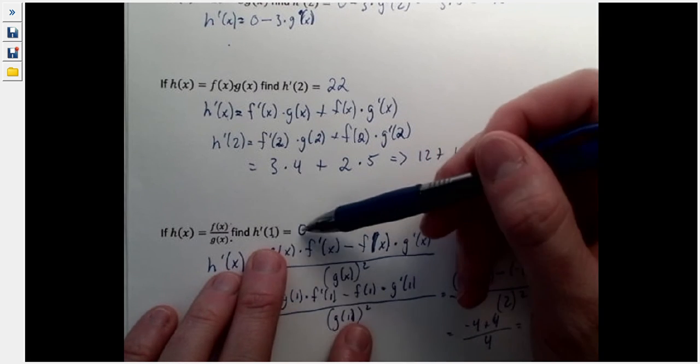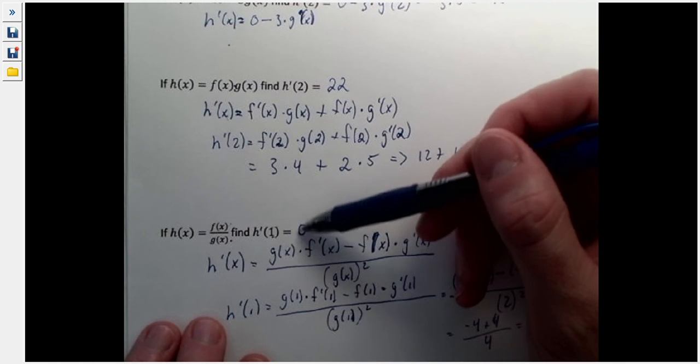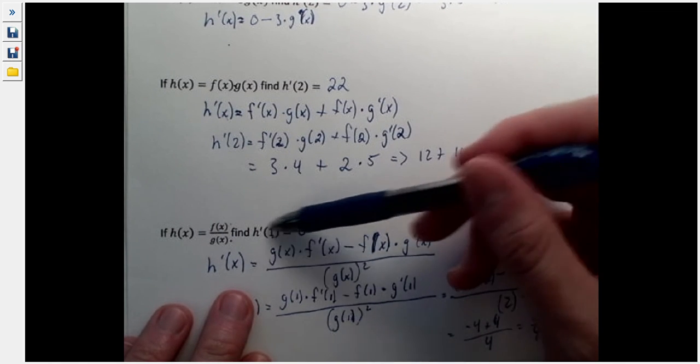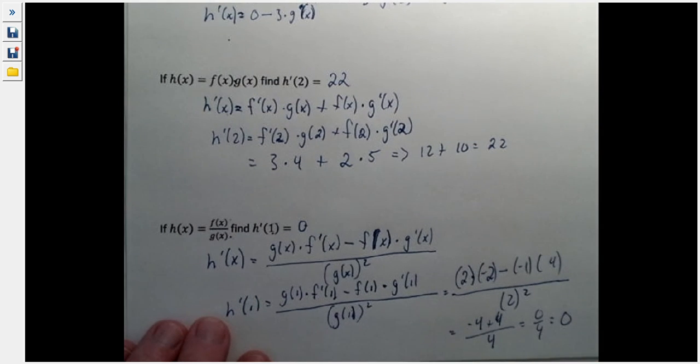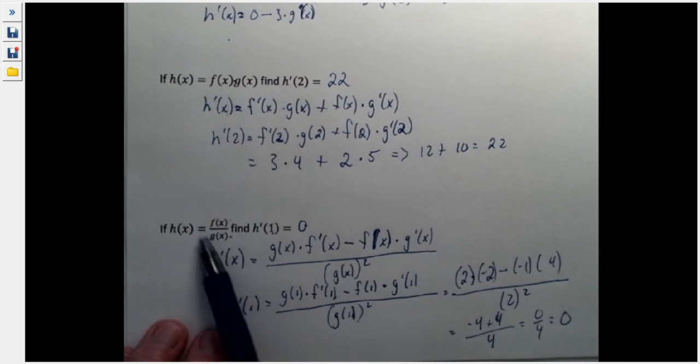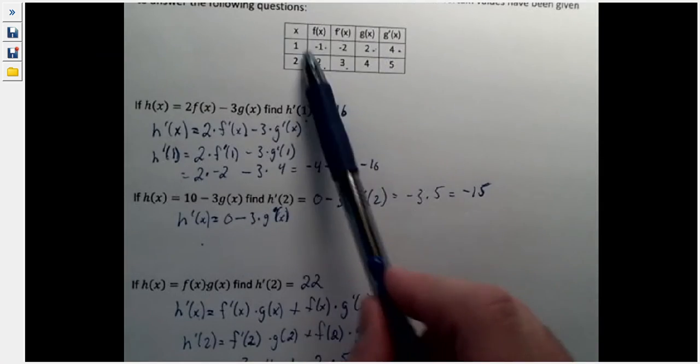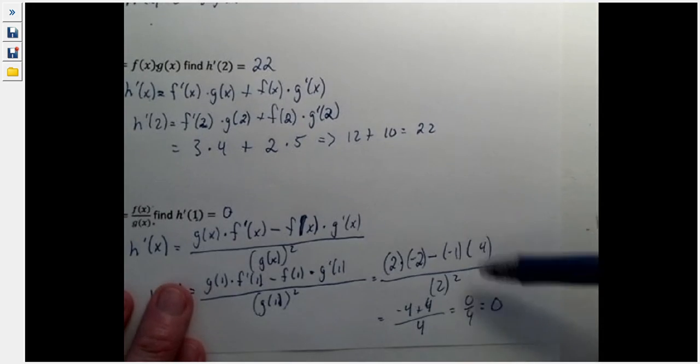So the slope at 1 is 0. If you remember what we've been talking about recently, that means that this has a horizontal tangent at 1. But again, we're finding the derivative using the functions, plugging in the value just like we've been doing. The only difference is that we have to use the chart. We get our values for those here, plug them in, and simplify.